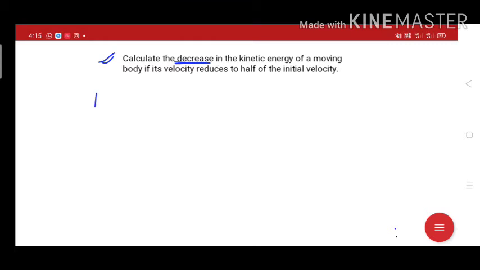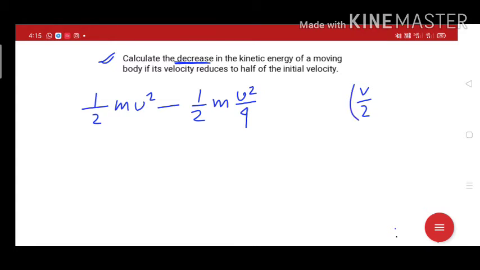So the initial kinetic energy is half mv square, and then it has been halved, then it will be half m v square by 4. How? V by 2, that means if the speed has been halved, then it will be v by 2, and the square means v square by 4. So we just directly applied it over here. And why we put this negative minus sign?